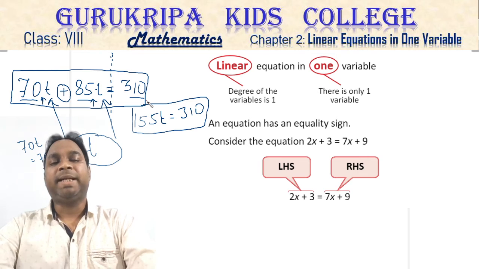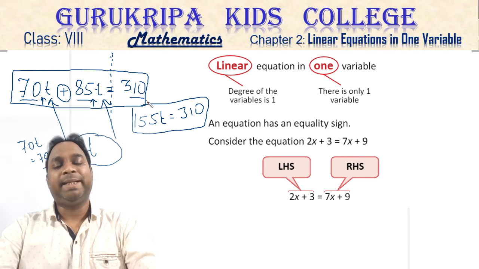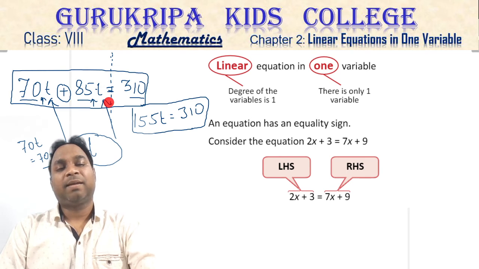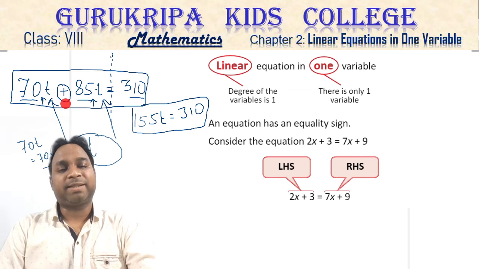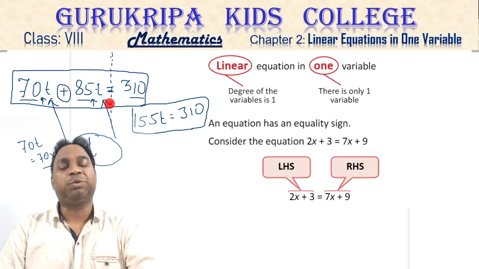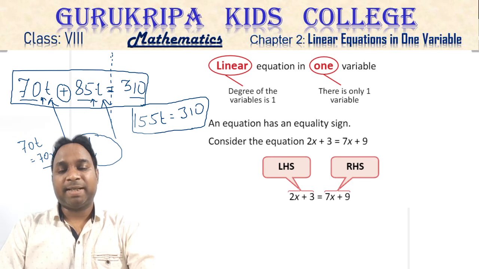Again, these things constitute a linear equation. There has to be one equal to sign. There may be an addition sign or not. But there has to be an equal to sign. Multiplication can be there, or cannot be there.